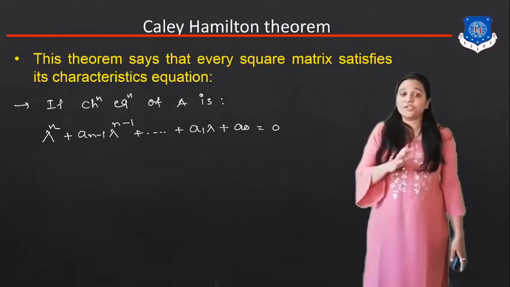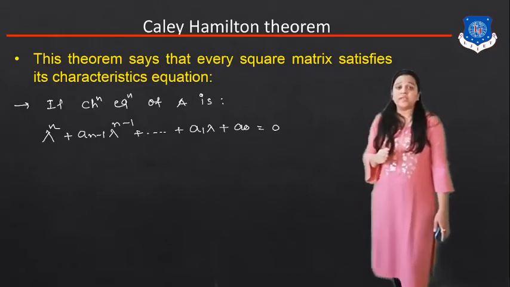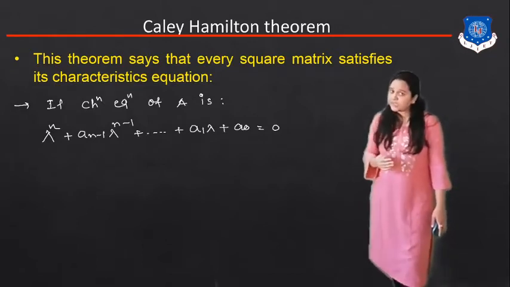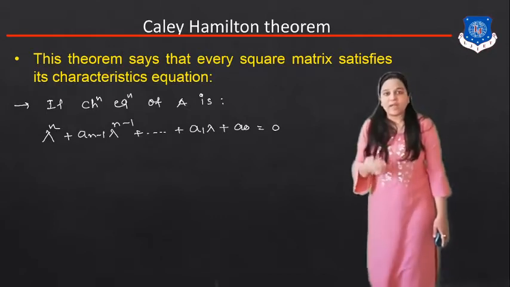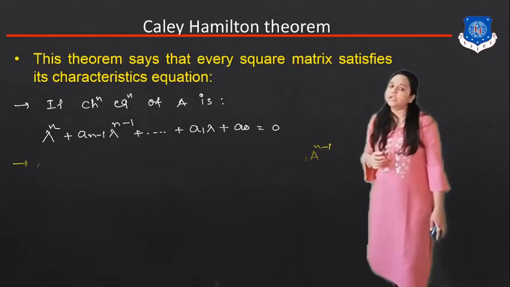This is the general characteristic equation of every square matrix. If we deal with state space analysis, we deal with square matrices, and the square matrix satisfies this characteristic equation.